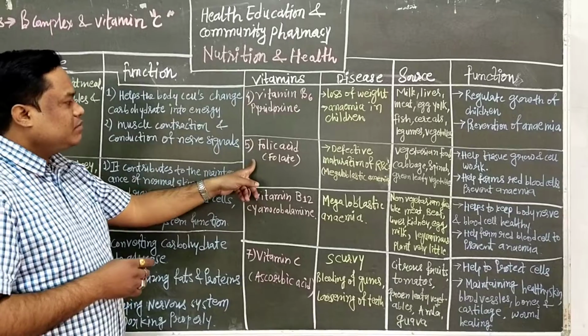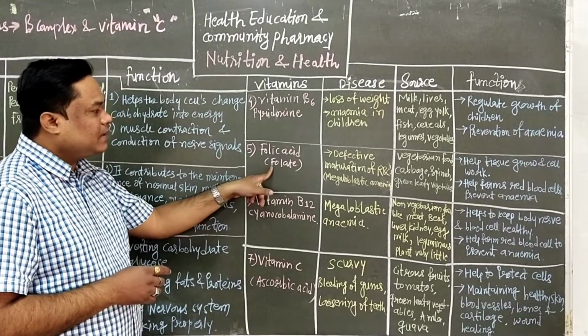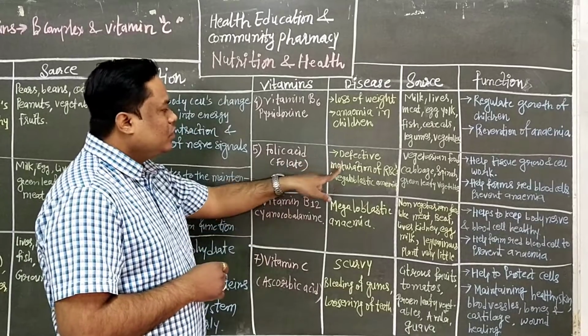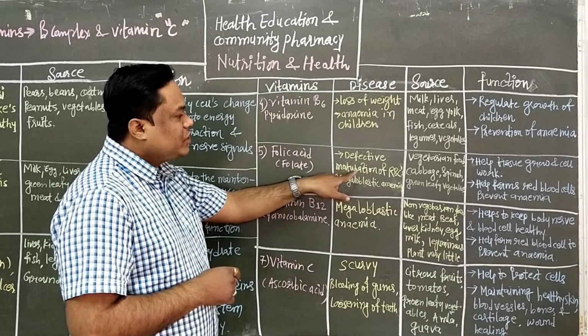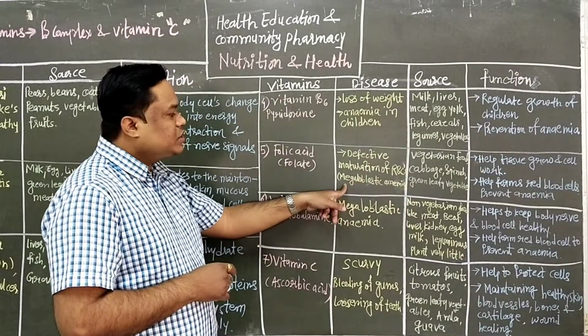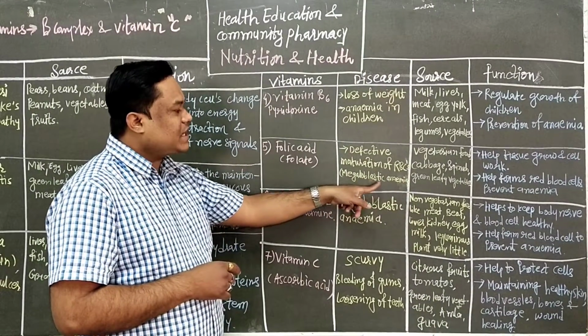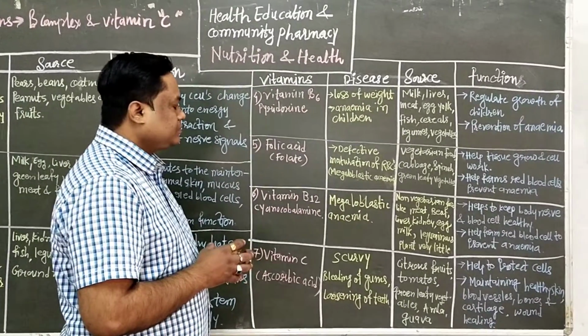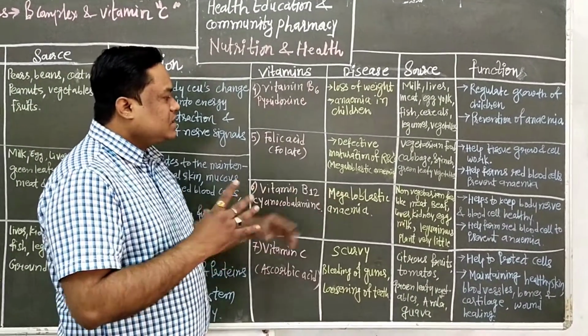Next, fifth is folic acid, also called folate. The disease condition is defective maturation of RBCs, that is red blood cells, which causes megaloblastic anemia. Megaloblastic means increase in the size of the cell.